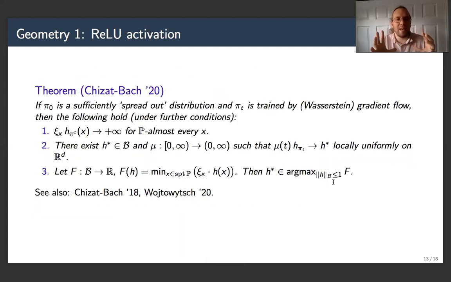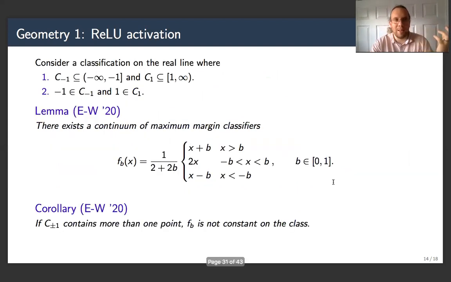And in this case, we know that under certain conditions, the classifiers converge after renormalization to a maximum margin classifier. The fascinating thing about that is, well, in certain simple cases, we can explicitly compute all these maximum margin classifiers.